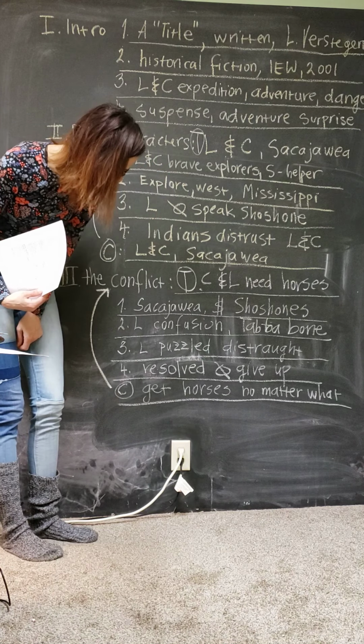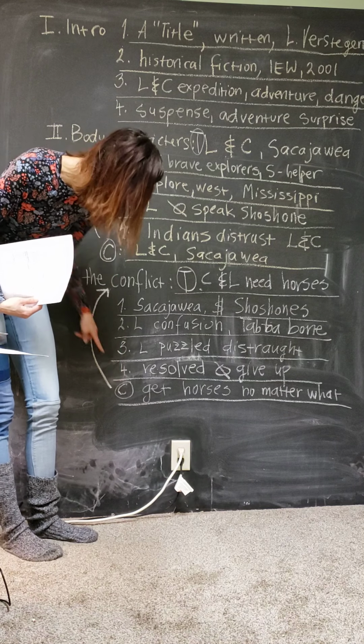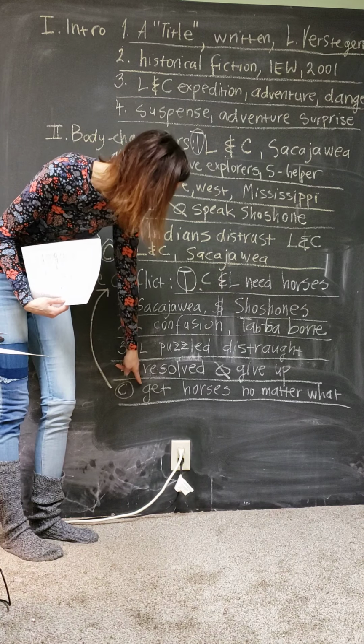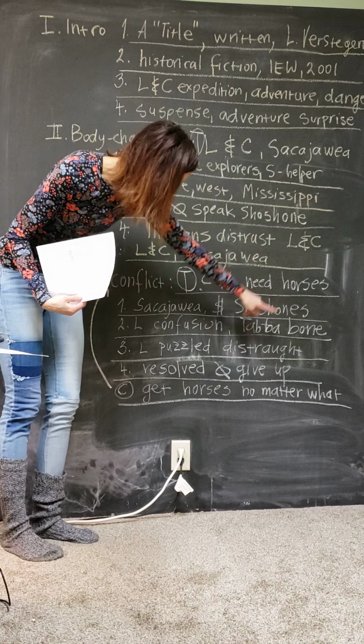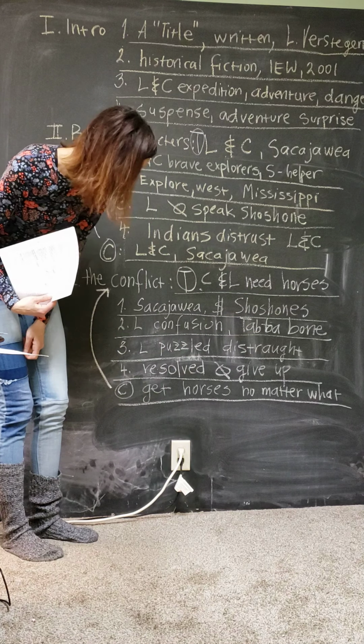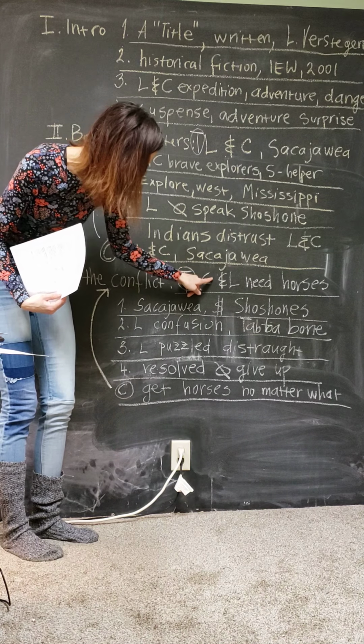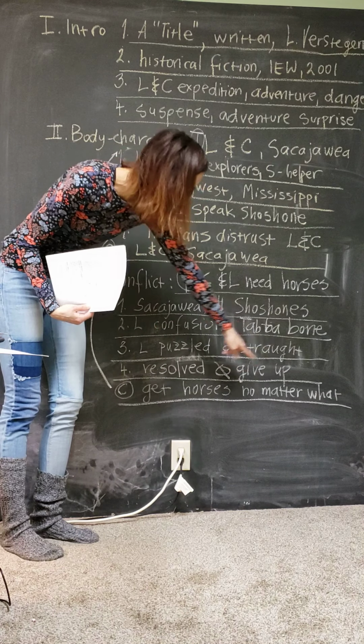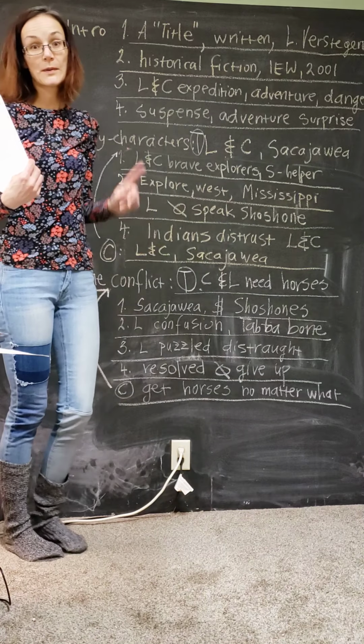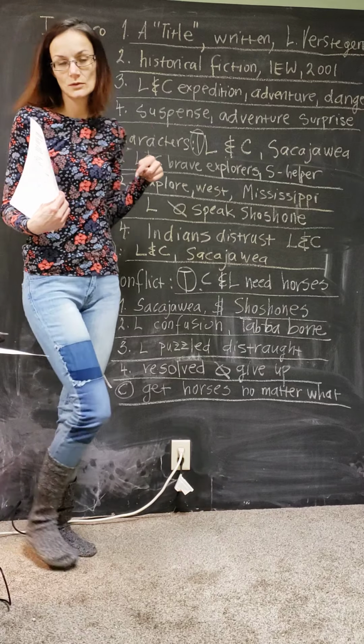So he went into the village anyway. And then in my clincher sentence, I would say something like he would get the horses. See, so that's my reflection. Lewis and Clark would get the horses no matter what. So that's part 1. I will go over part 2 in the next video.